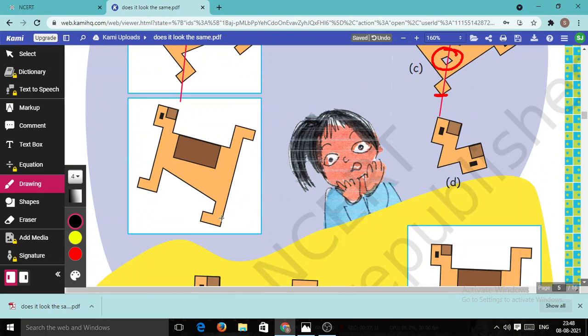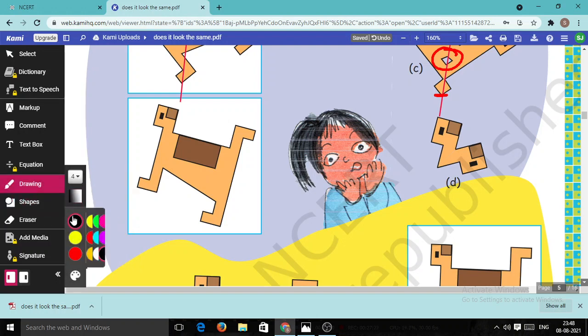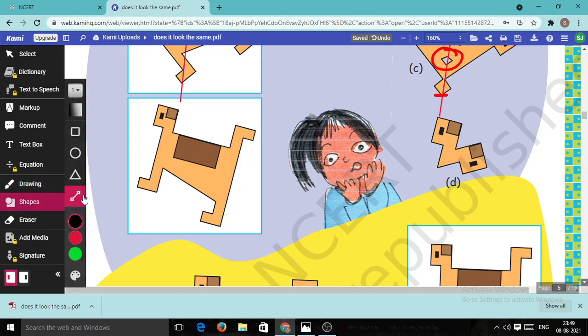Again look here, first you draw a mirror half to find out whether the line is right. Draw a line like this, you will get it.